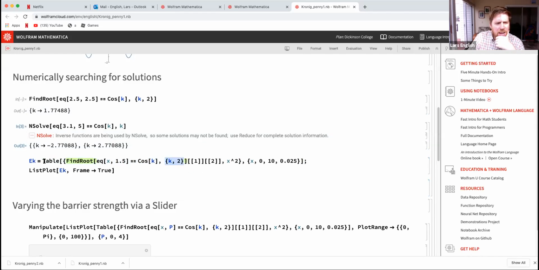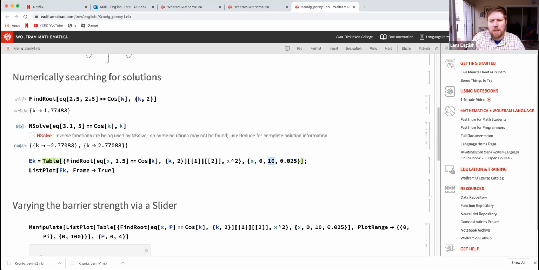And then there's this other command that's wrapped around the find root command, that's table. Table basically runs through a bunch of x values specified here. We're going to go from x starting at 0 and going up to 10 in steps of 0.025. So we start at 0, the next value is 0.025, next value 0.05, until we reach 10.